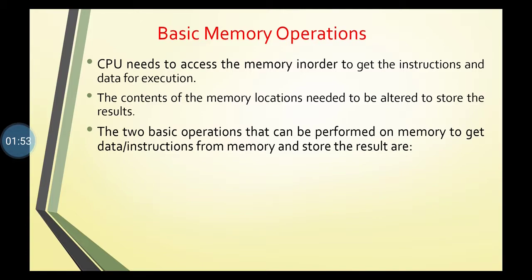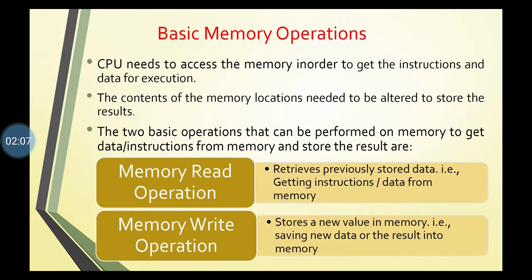So, the operations that can be performed on the memory to get the instructions or data from memory and to store the result are memory read operation and memory write operation. Memory read operation retrieves previously stored data, that is, it gets instructions or data from memory. Memory write operation stores a new value into the memory.